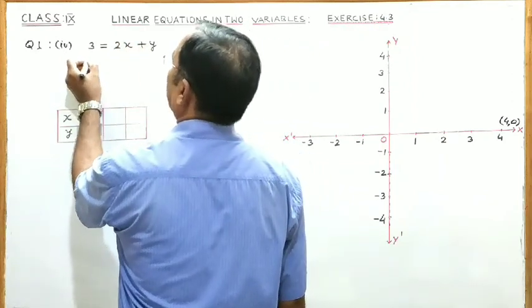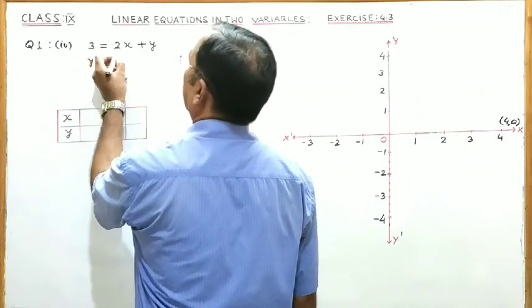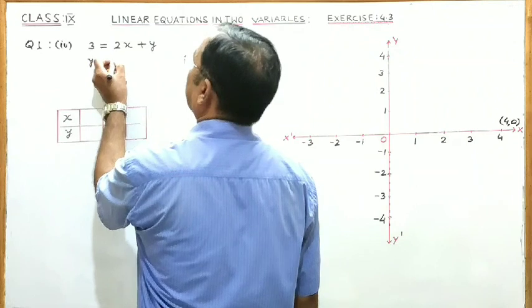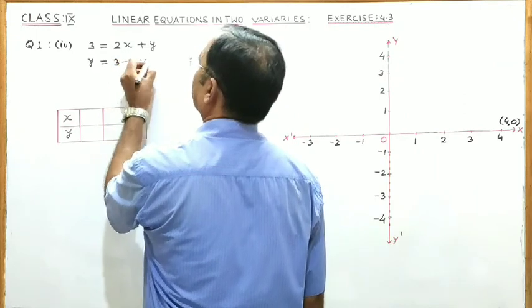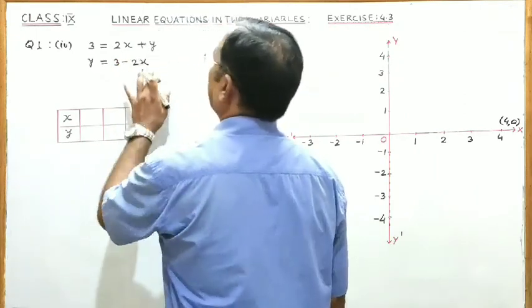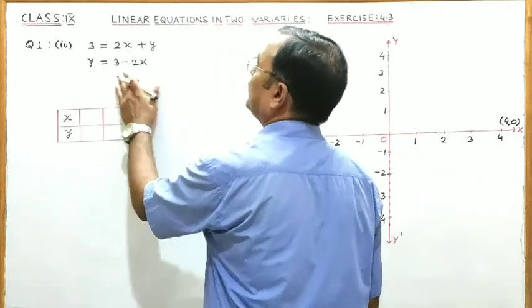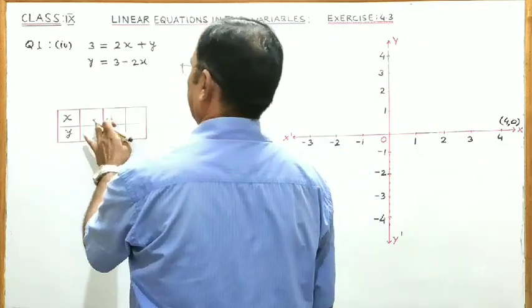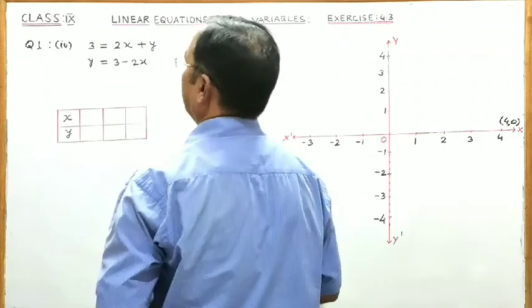Write this equation as y equal to 3 minus 2x. And then by putting different values of x in this equation, find the three solutions of this given linear equation.